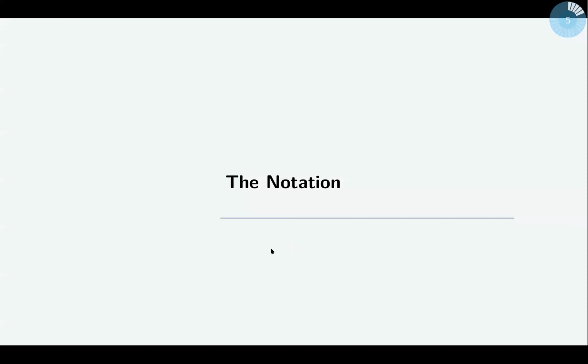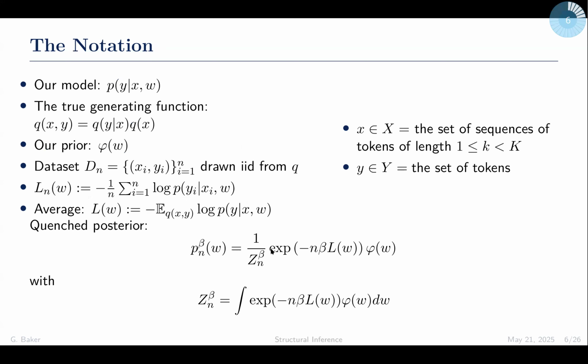So first, the notation, as I said, looks like a bunch of nonsense, but you know this. We have our model, P of y given x and w. Y is a token, it's the output. X is the input that you give your model, w are the weights. We have the true generating function, q of x and y, and then the conditional form.